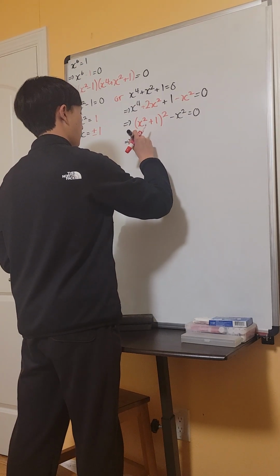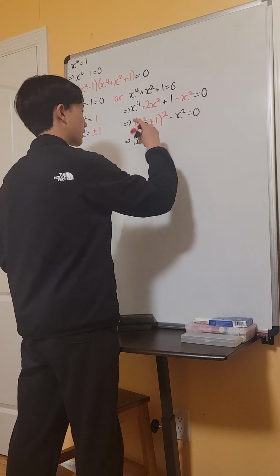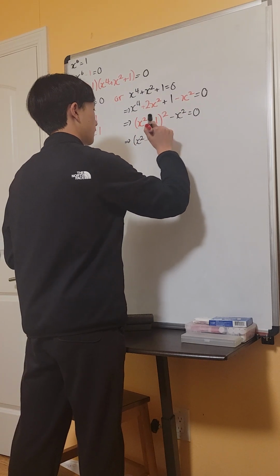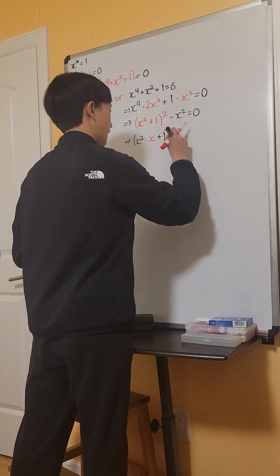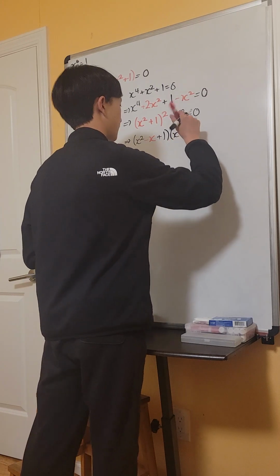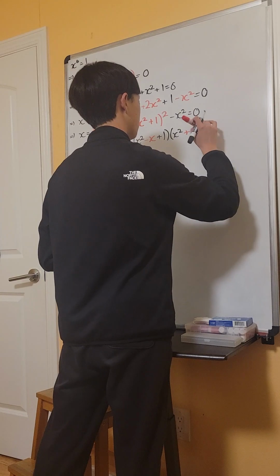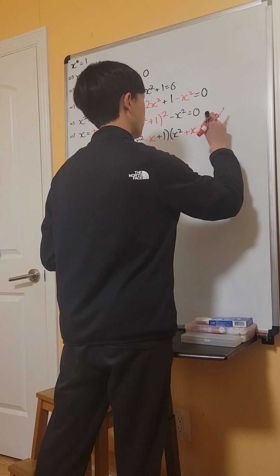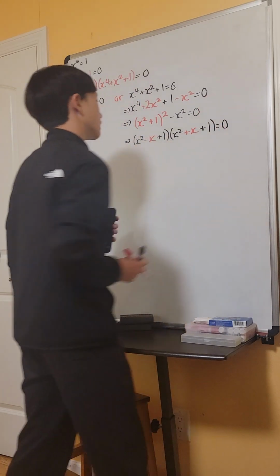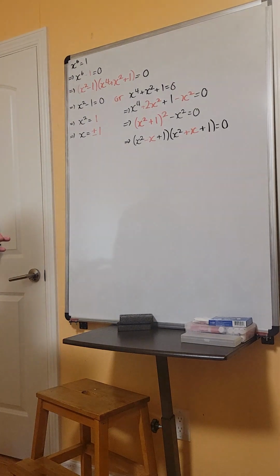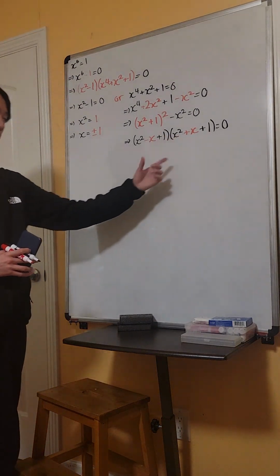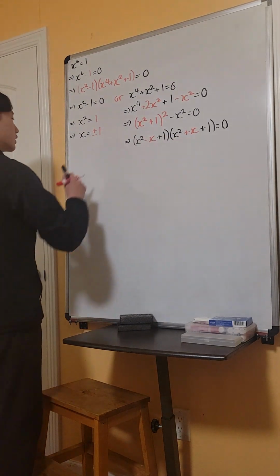Let's do x squared. First, you have to subtract x, right, and plus 1. And the second factor, you have to add it, because that's how factoring a difference of squares works. Okay, so now zero product property. These are two quadratics.